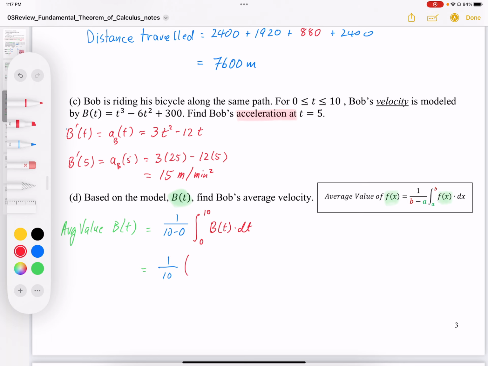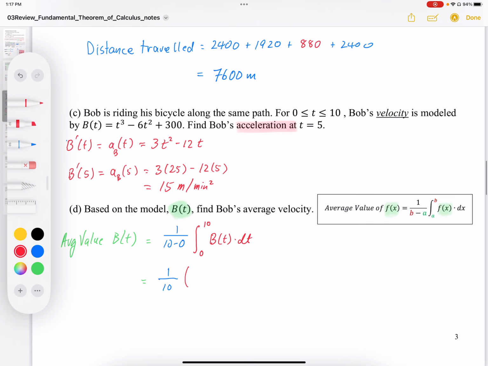So anti-differentiating the original expression, we're going to get t to the power 4 over 4 minus 6t cubed over 3 plus 300t, and we're going to evaluate this integral from 0 to 10. So the displacement from 0 to 10 will give us the total distance traveled.